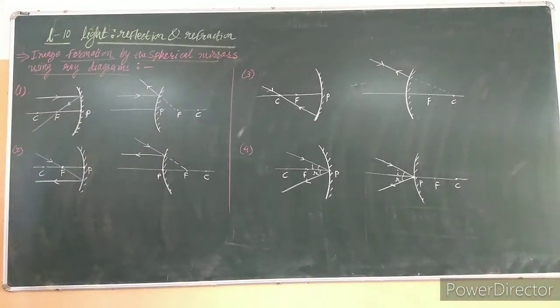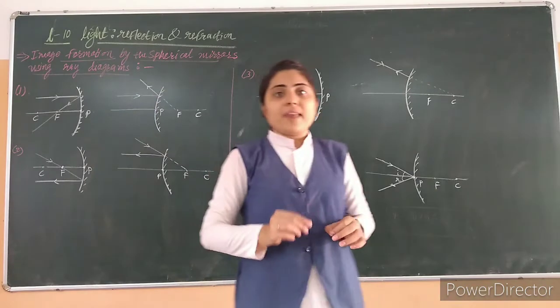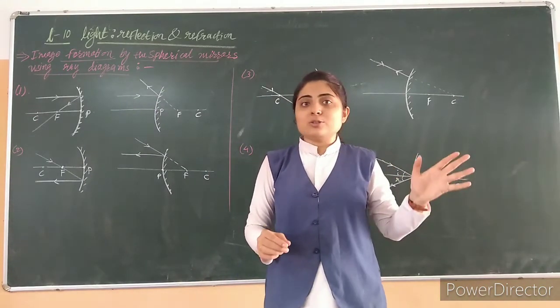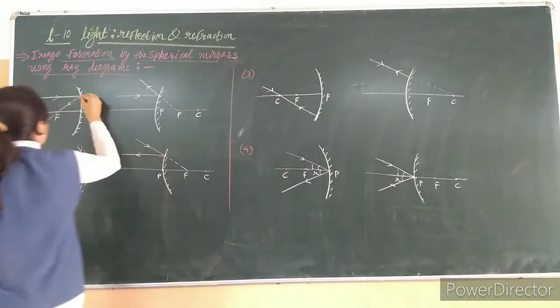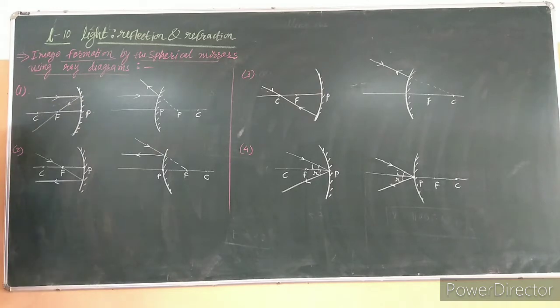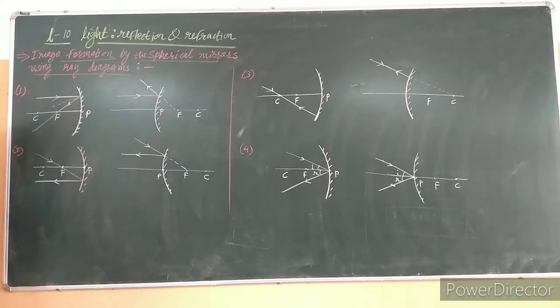Understand here, we know the laws of reflection. The first law is that the incident angle is always equal to the reflection angle. If at this curved surface we draw the normal, it will be like this.